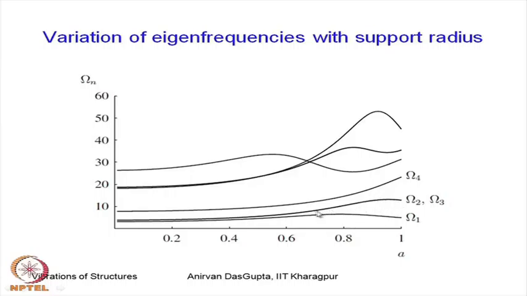These are degenerate. There are two modes corresponding to this branch, and this is the next higher mode, and then these are some further higher modes. So, you can see the variation of the eigenfrequencies of the plate with A.